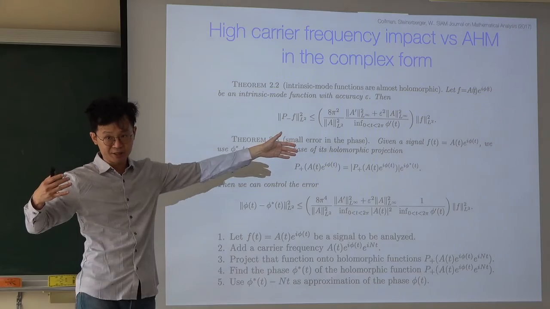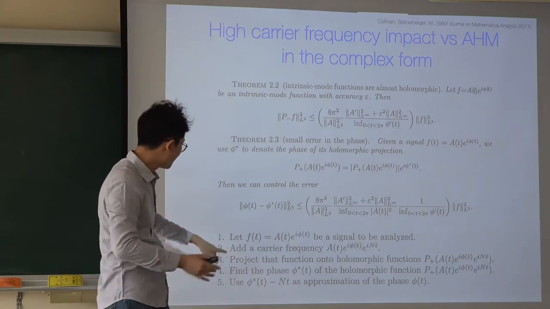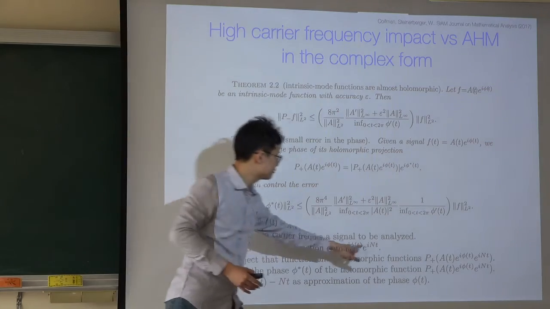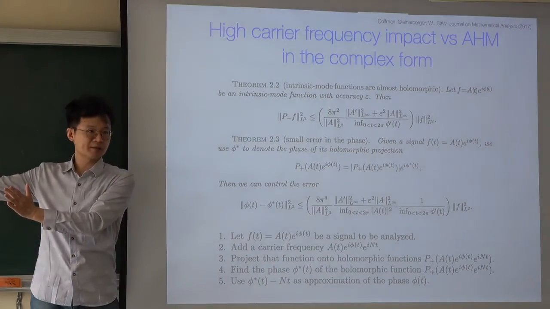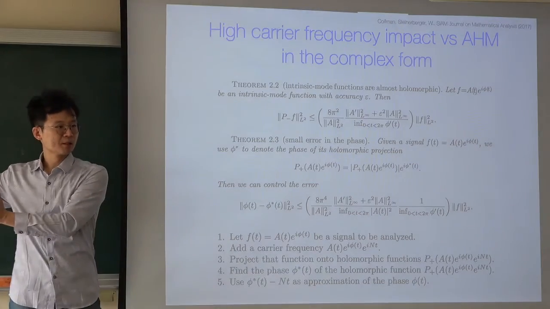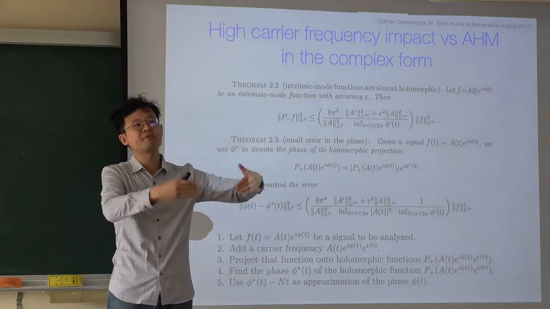In general, it's not analytic. But if it's in a complex form, what you can do is multiply it by some high frequency carrier and shift it to the right-hand side, so that after the shift, the spectral content in the negative frequency is very, very mild.